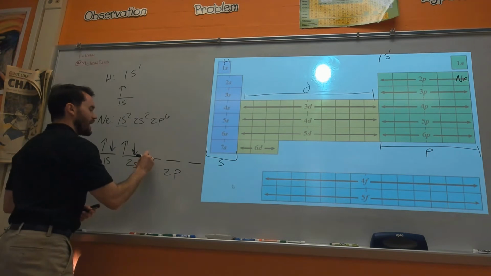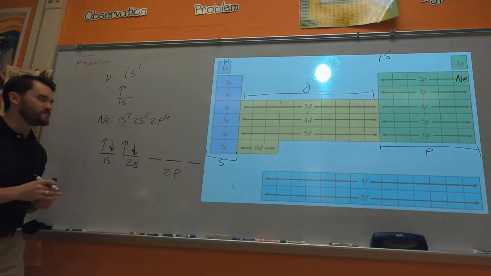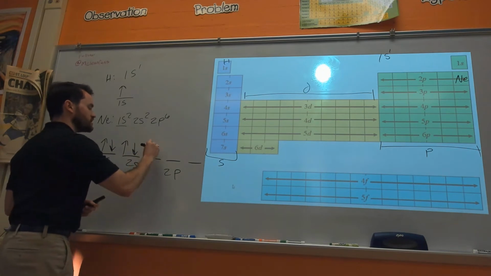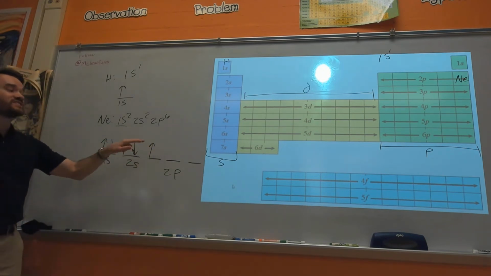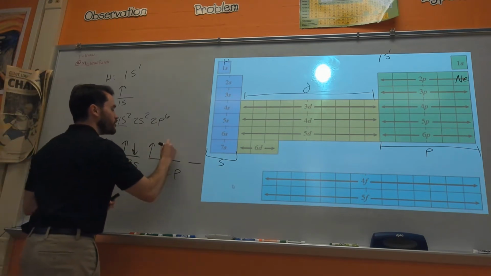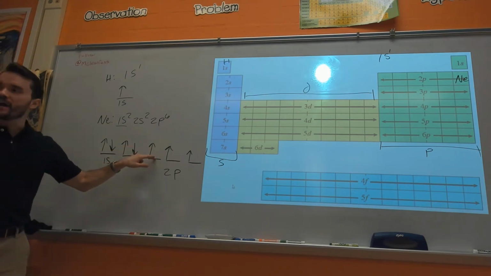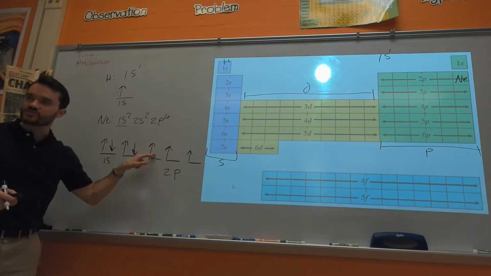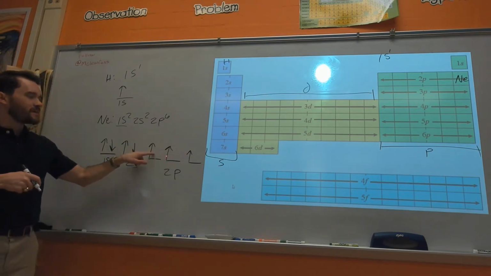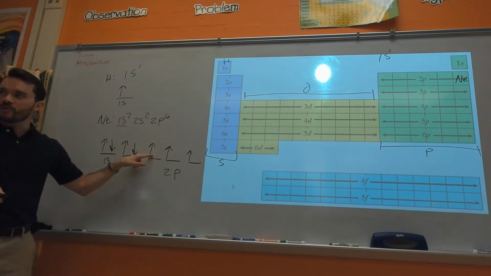So then you're at 2p. Pay attention to the order I put these arrows. The first electron goes here. The second electron doesn't go here. Hund's rule says you fill the empty orbitals first. Imagine you're on the metro, and these are empty seats. If somebody took a seat next to you when there were empty ones, that would be weird, right?